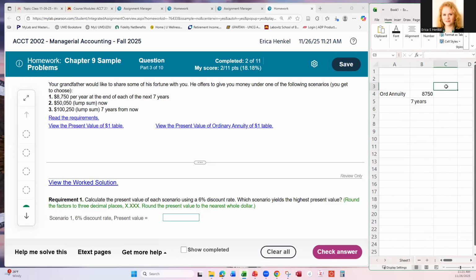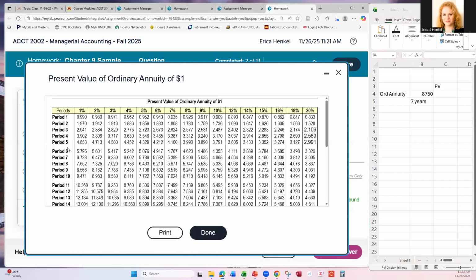And we're going to calculate our present value here. Looking at our ordinary annuity table, we go to 7 years and 6%. So 7 years over to the 6% column gets us a factor of 5.582.